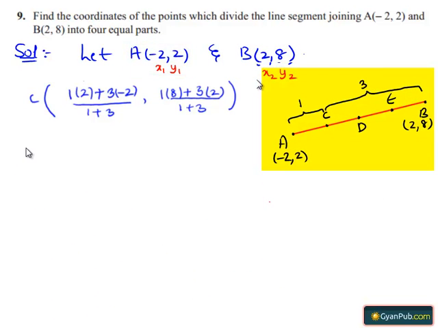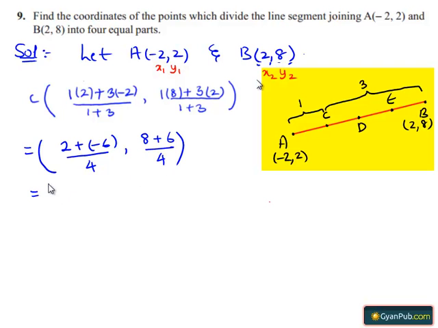Which implies that it equals 1 times 2 is 2 plus 3 times -2 is -6, whole divided by 1 plus 3 is 4, and 1 times 8 is 8 plus 3 times 2 is 6, whole divided by 1 plus 3 is 4.